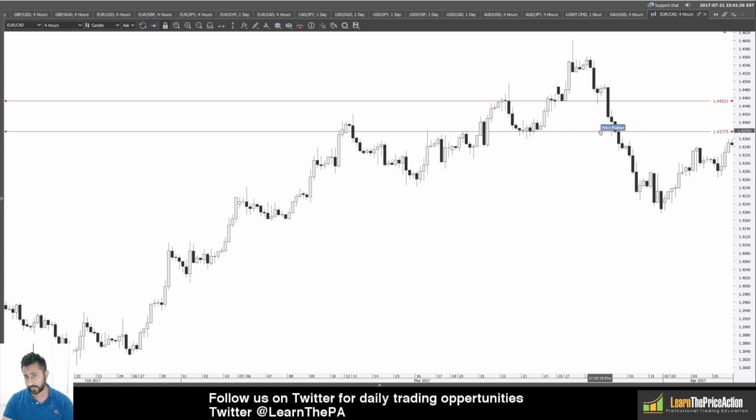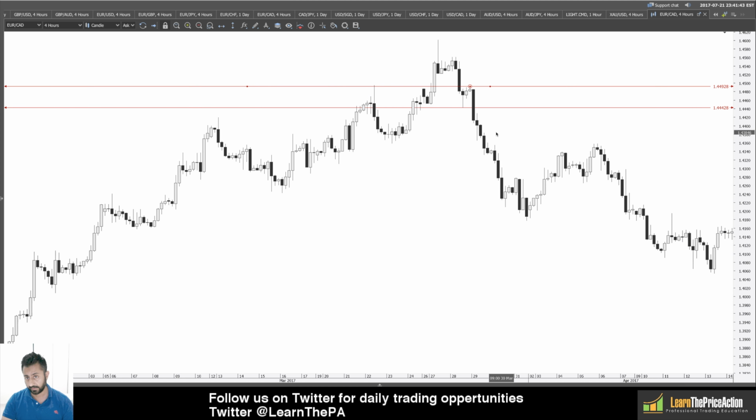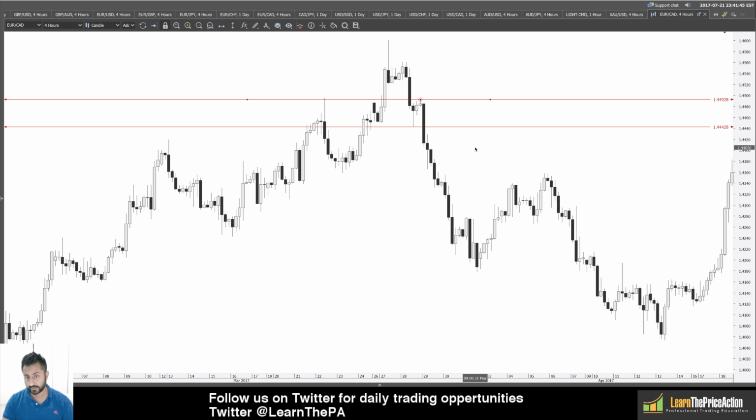So the last hook point, this was the last low, and this was the last high. So anything below this is all seller's territory. So as you can see, the market comes down, and as you can see, it comes down and comes back.